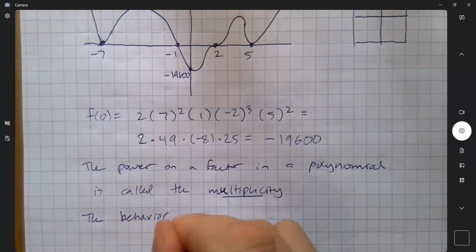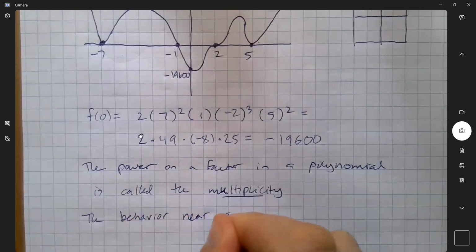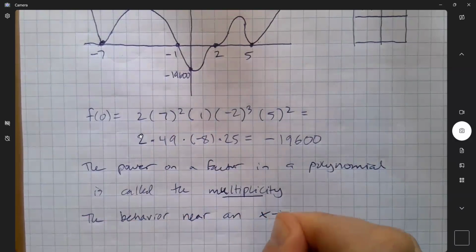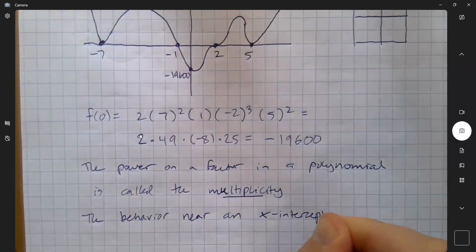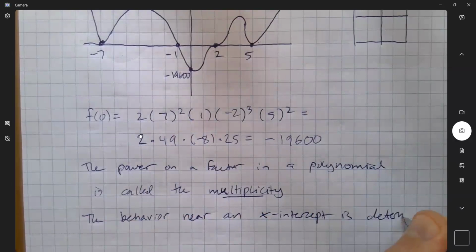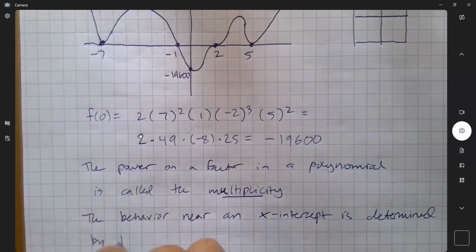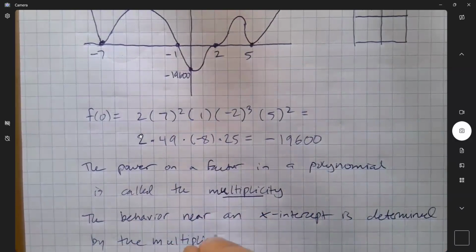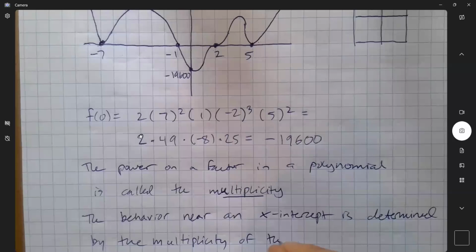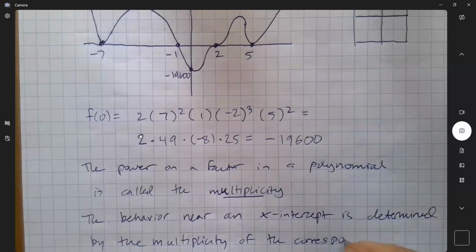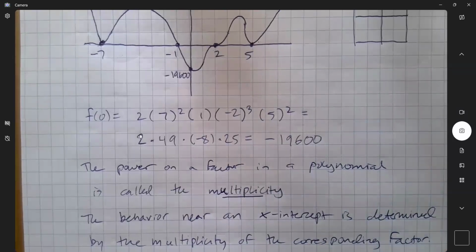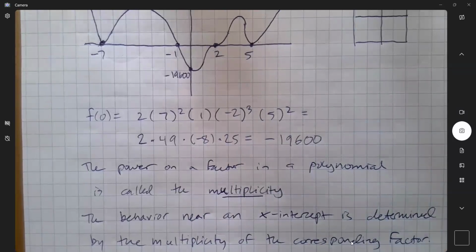The behavior near an x-intercept is determined by the multiplicity of the corresponding factor. Okay.